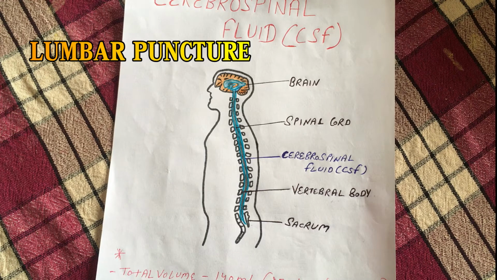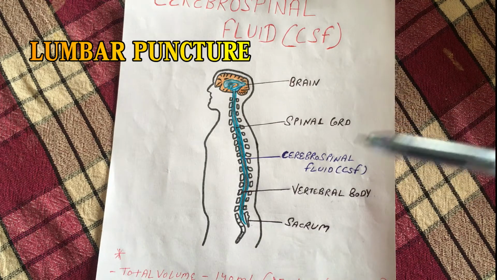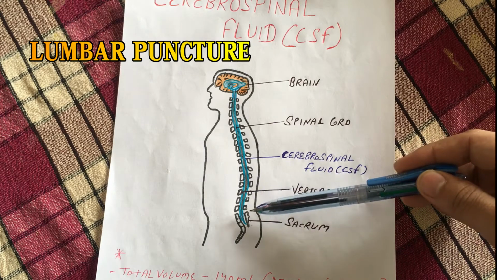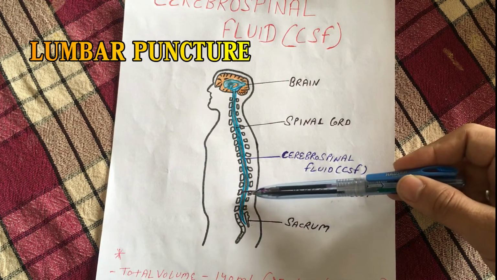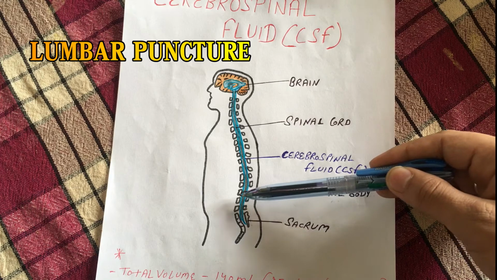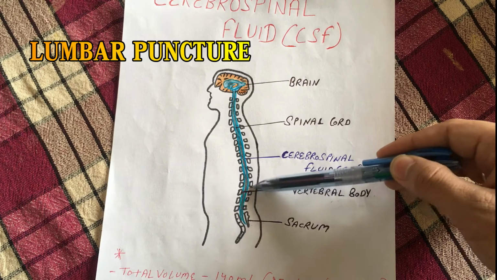In this case, the samples are obtained by the technique called lumbar puncture. In this procedure, a needle is introduced into the subarachnoid space through the interval between the third and the fourth lumbar vertebra. A needle is introduced into the subarachnoid space and the CSF is collected from here.